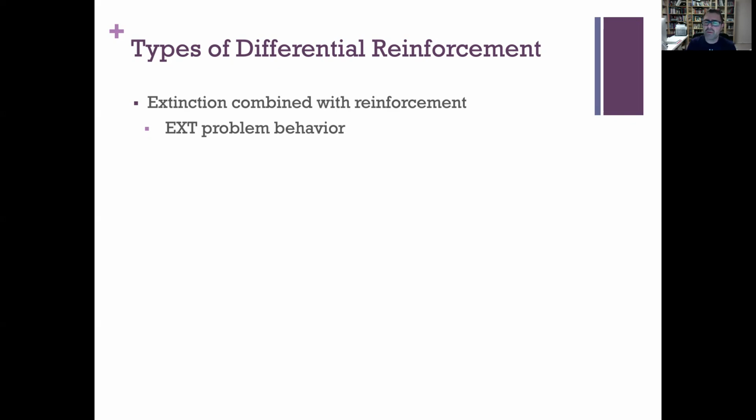So problem behavior should no longer produce the reinforcer that has been identified as responsible for its maintenance or its occurrence. But at the same time, an alternative behavior, that is the appropriate version of the problem behavior, right?